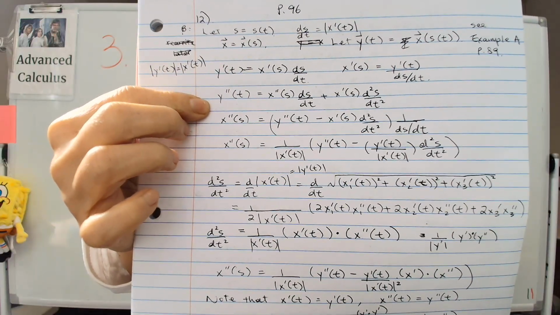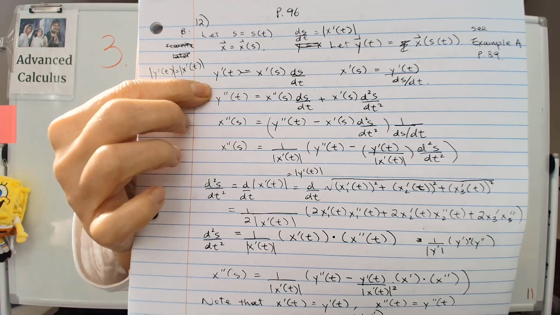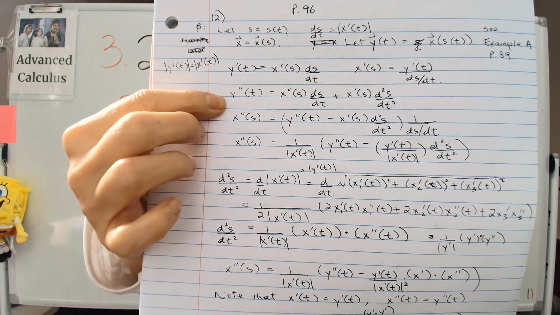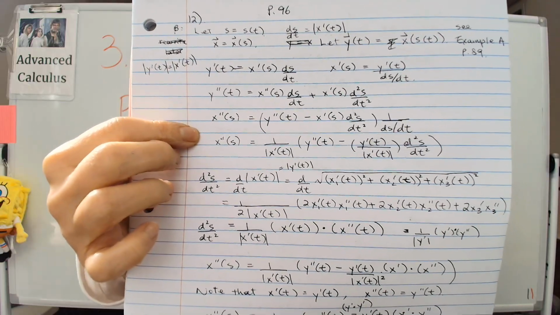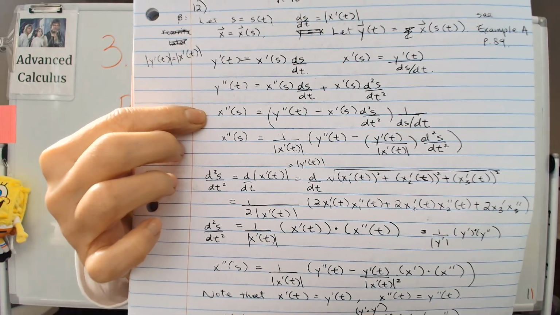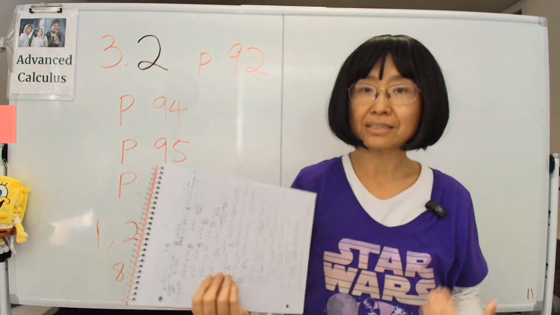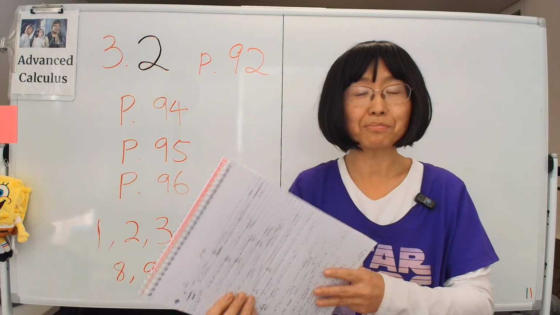Apply: y prime of t is x prime of s, times ds by dt, right? And then we calculate y double prime, from which we can isolate x double prime of s, which we need because beta is given as x double prime of s, and we need to somehow pull the t out of it.